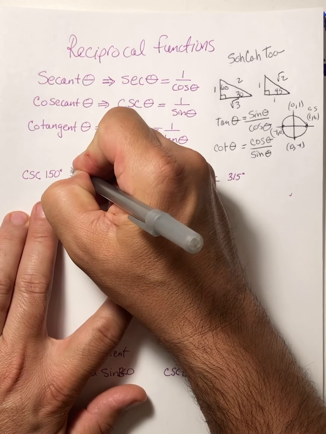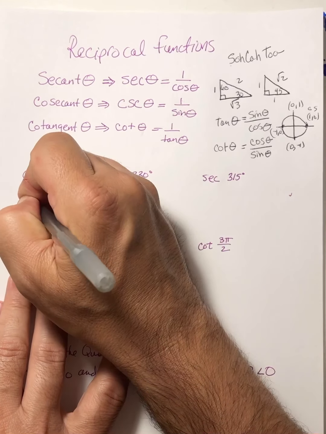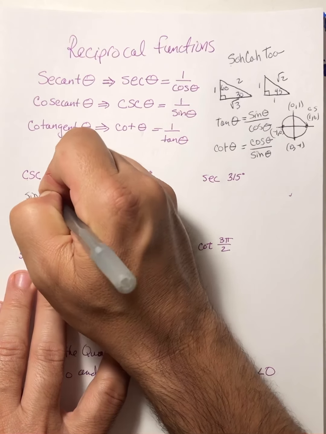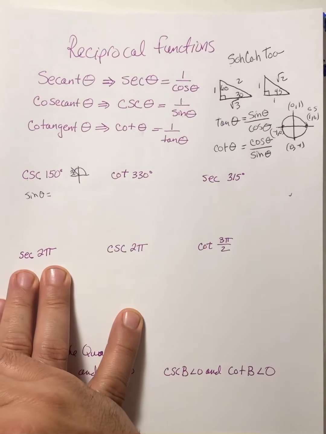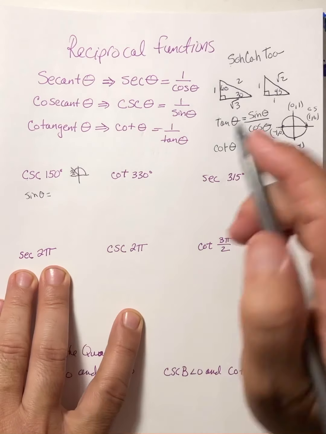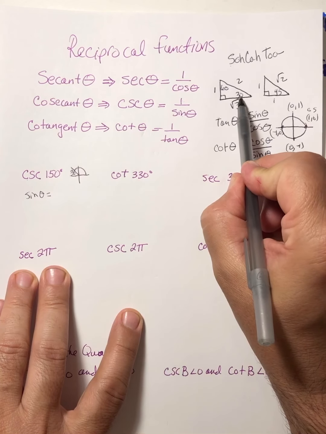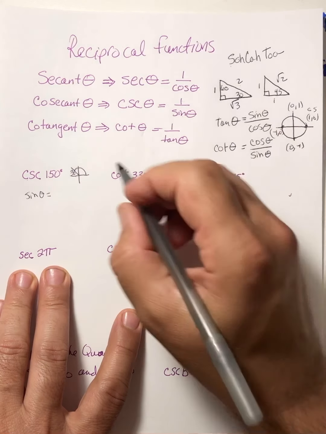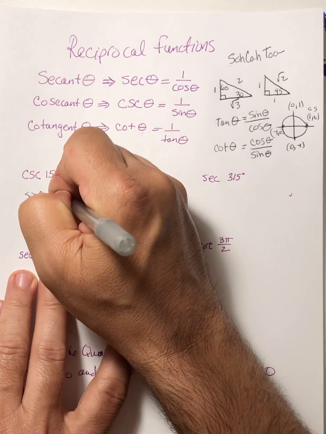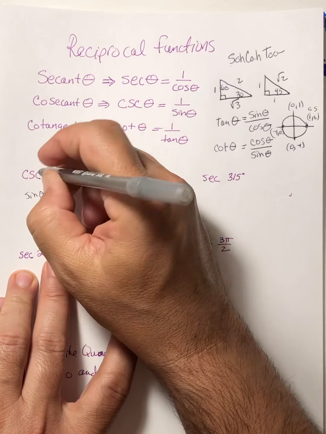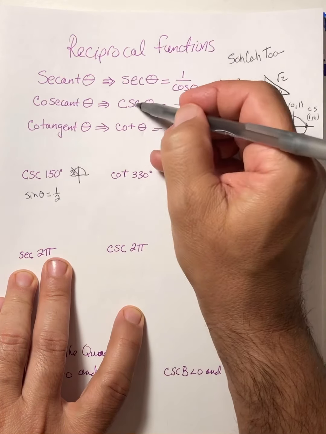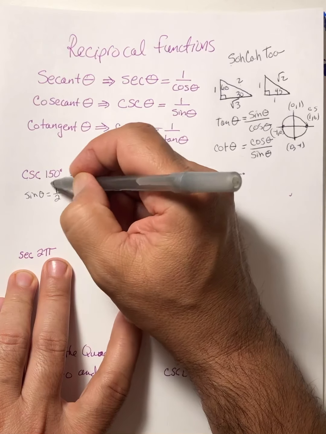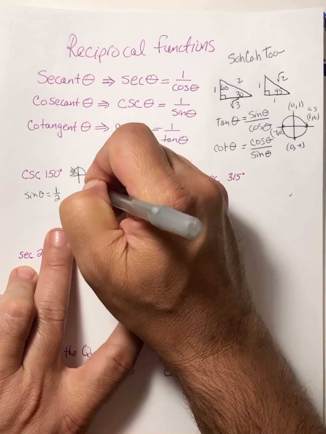Cosecant is 1 over the sine. So whatever the sine of 30 degrees is, and then we'll flip the answer over. Sine is opposite over hypotenuse, so we're looking at 1 over 2. Now cosecant means the reciprocal of this answer, so that just becomes 2.